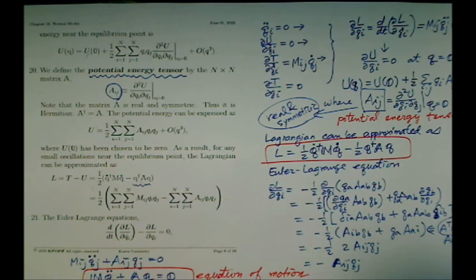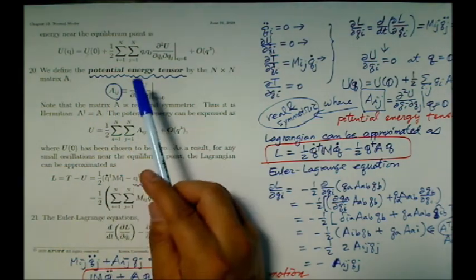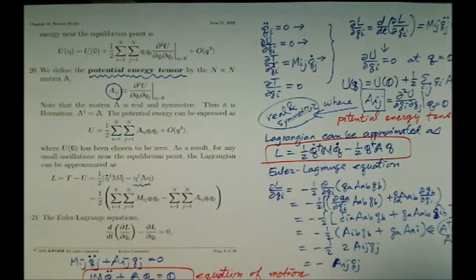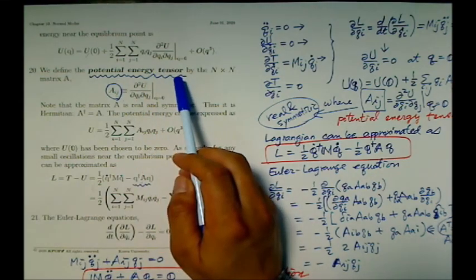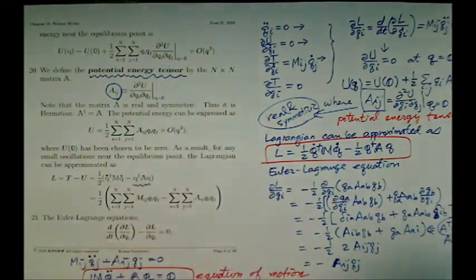So the first non-vanishing contribution of the potential appears in the second order. It is second order, but it is mixed with Qi and Qj in a complicated form. So we can define a matrix called the potential energy tensor, the second order derivative of U around the position of equilibrium.